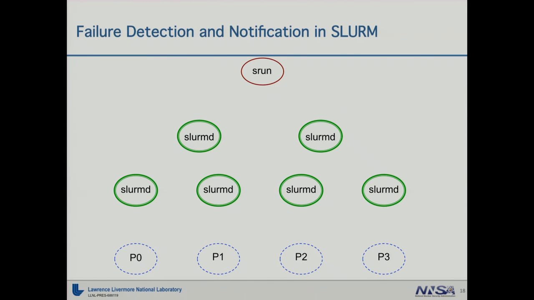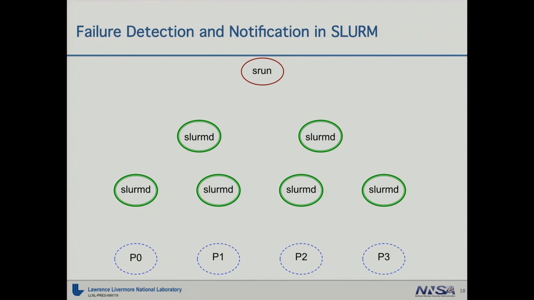Now, most of this work in terms of detecting the failure and things like that is done on the Slurm resource manager. So there are a lot of things that happen at that layer as well. Here I am showing how we have failure detection at that layer in the resource manager. We have the hierarchy of Slurm daemons and MPI processes here.